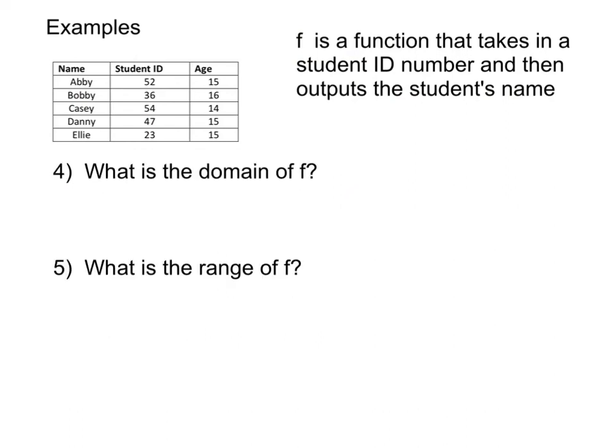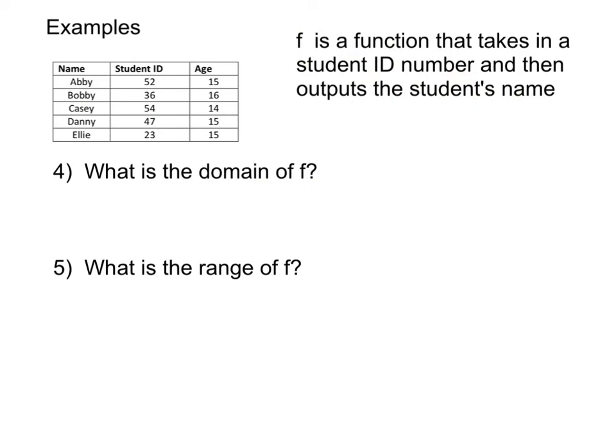All right, we're going to look at one other example, and, oh, I forgot, we have to talk about domain and range here. So what is the domain of f? Remember, domain is just the set of all possible inputs. Range is just the set of all possible outputs. So what were the inputs? The inputs were the student ID numbers.